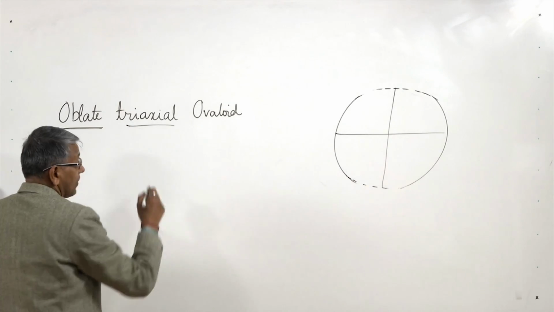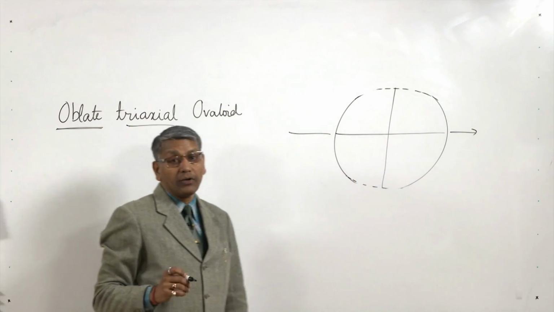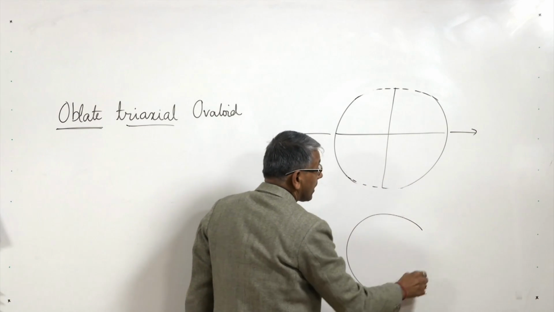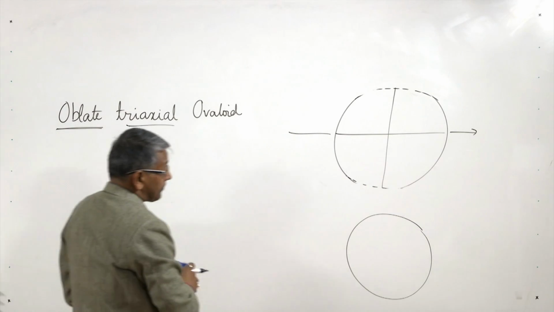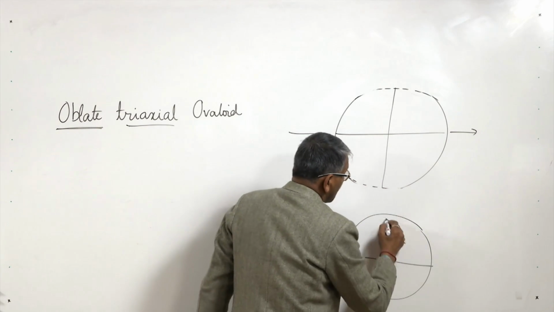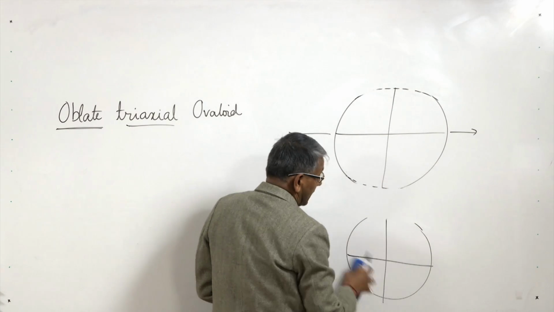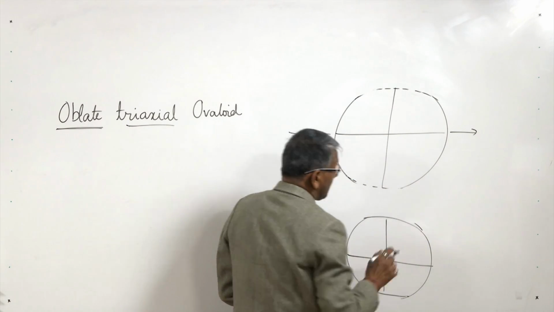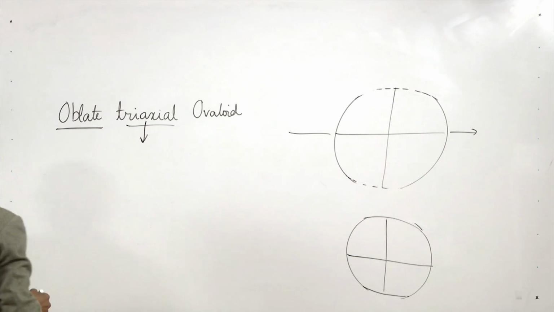Triaxial: if we take a sectional view along the equatorial plane, we will also not get a circle, but this axis and this axis will be different, so a bit less in this direction, so we call it triaxial, that means three axes.